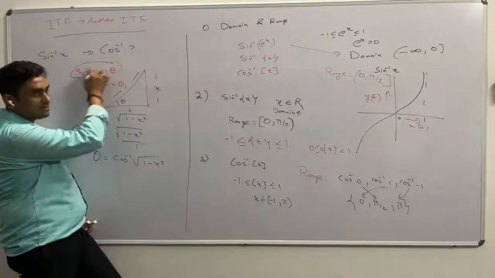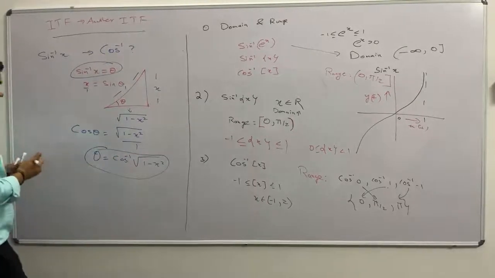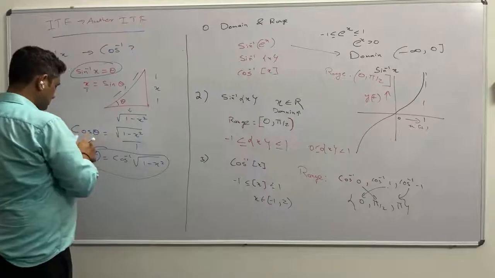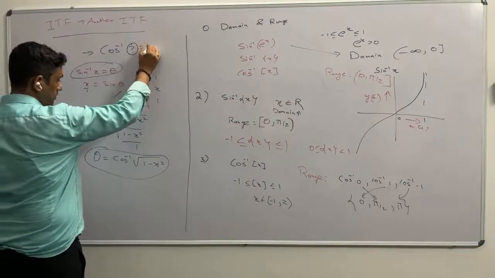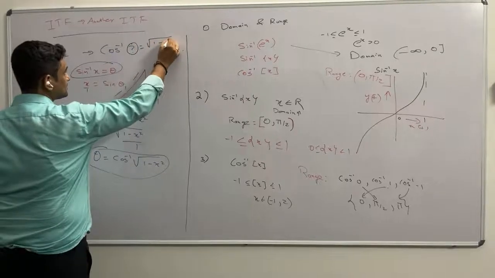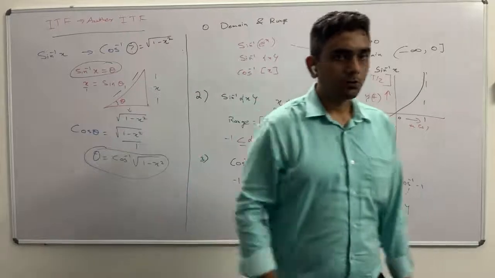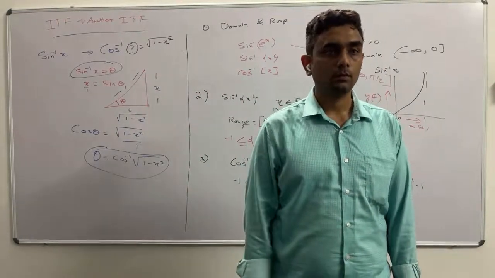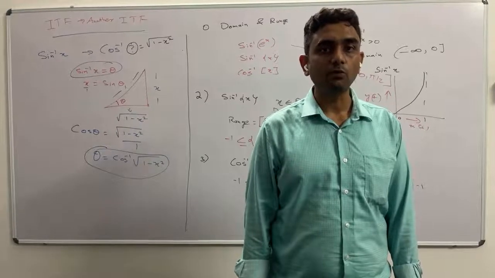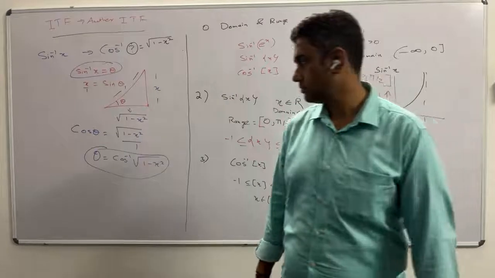Theta was sine inverse x. Theta is also cos inverse of this. So from here we can say that this question mark will be equal to root over 1 minus x square. So that is how we convert one ITF to another. We have to complete the triangle and then just simplify it.